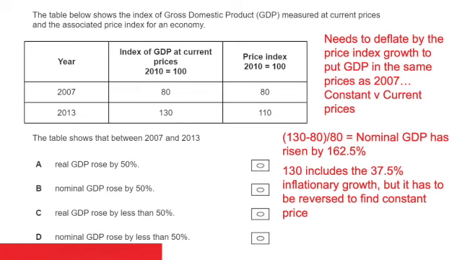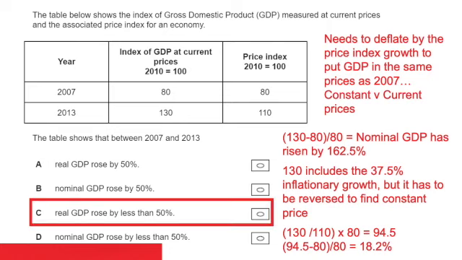So how we do that is we go 130 and we divide it by 110, and then we times it by the 2007 price of 80, and that will get us 94.5. Then all we have to do is work out a percentage change with our 2007 GDP, and that's 94.5 minus 80 divided by 80 equals 18.2%. So again, the answer would be C.